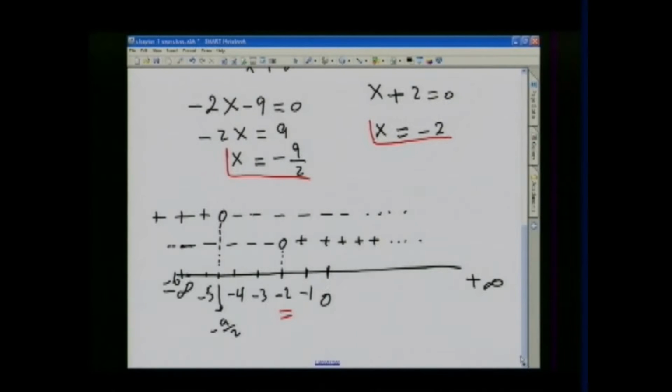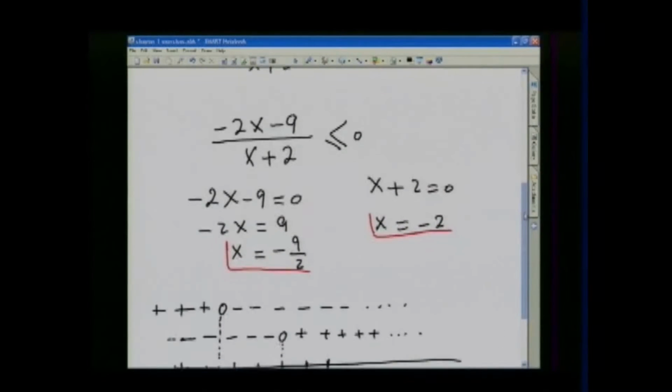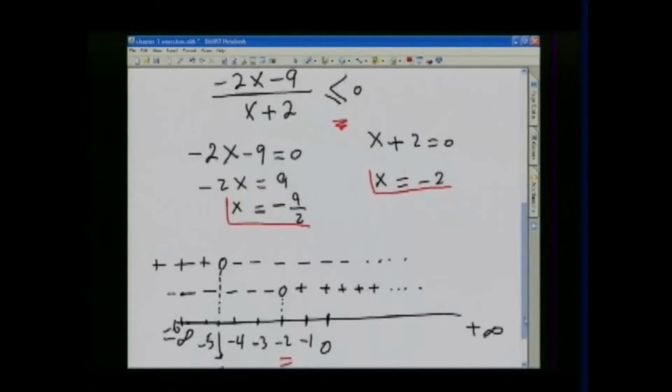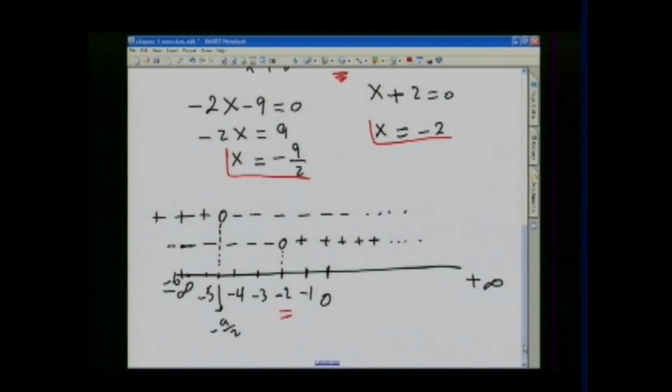Now we look at the problem, and it says we want this quotient to be less than or equal to 0, which means we want it to be negative. We look at our number chart, and for values to this side, plus times minus, it would be negative. To the left-hand side here, again you have plus and minus divided by each other, it would be negative.